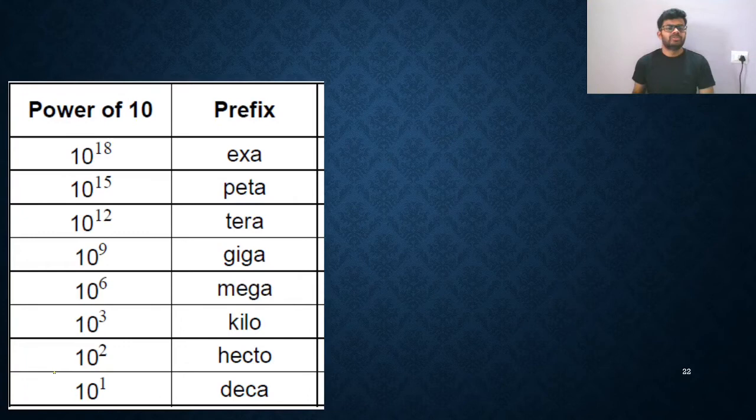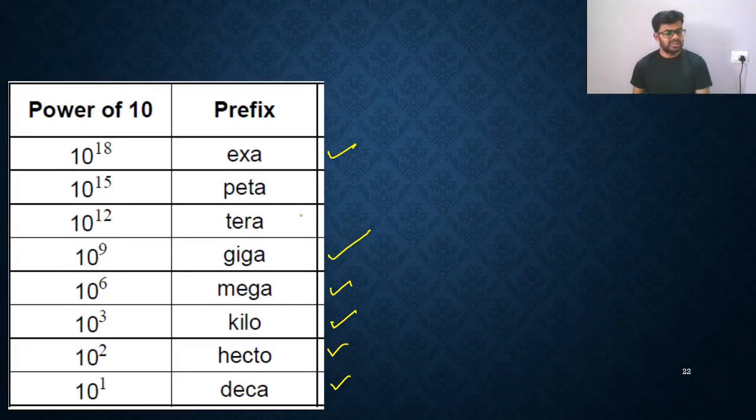Listen. Let us move with 10 raised to 1. 10 raised to 1 is deca, 10 raised to 2 is hecto, 10 raised to 3 is kilo, 10 raised to 6 is mega. After that, 10 raised to 9 is giga. You say GB, gigabyte, 5 GB means 5 gigabyte data, that is 10 raised to 9 byte data.